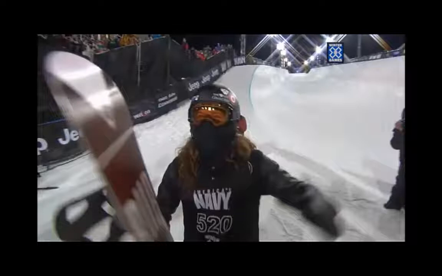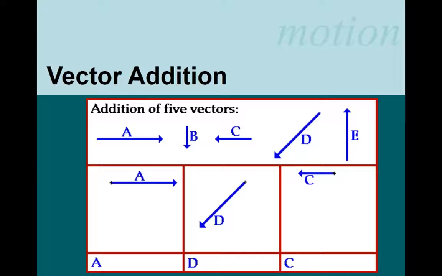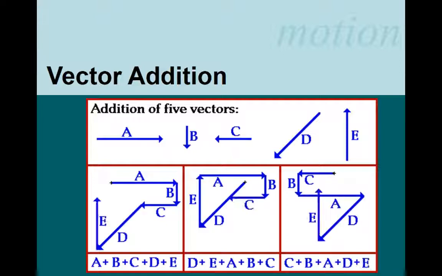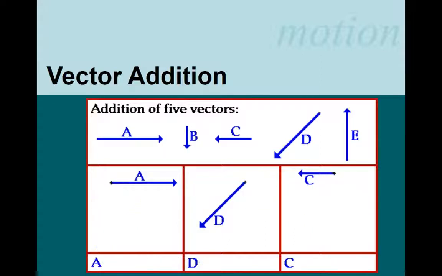All right. Once you have vectors, though, you can add them together. Now, we can do it mathematically and use the angles, but a simple way to do it, and it doesn't matter which direction or which order you use the different vectors, is using a technique known as vector addition. You'll notice that in each of these 3 examples, we are doing a different sequence of adding the vectors together.